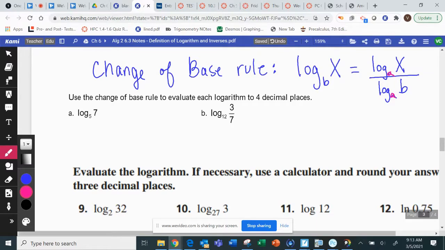Because it can be any base we want it to be, I will use either log base 10 or ln, because there are buttons on the calculator. Those are the easiest ones to use. So for this first one, I'm just going to do this with log base 10. I'm going to write log, and we do the big number first, 7 divided by log 5.